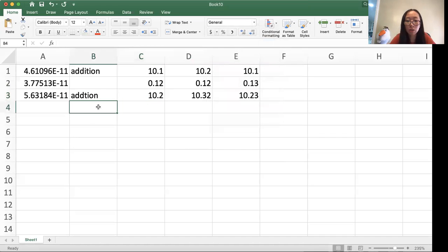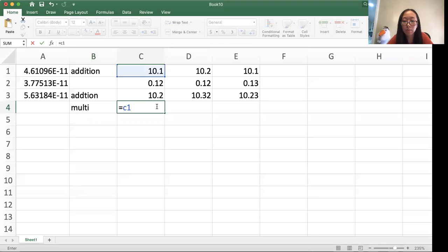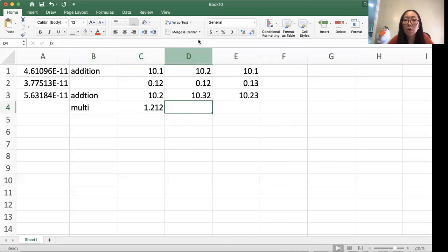So for example, if we do multiplication here, this one will be C1 multiplied by C2, and we get this number. We do the same thing. In the first case, we change the last digit of the first number; just pay attention to which digit is changing.